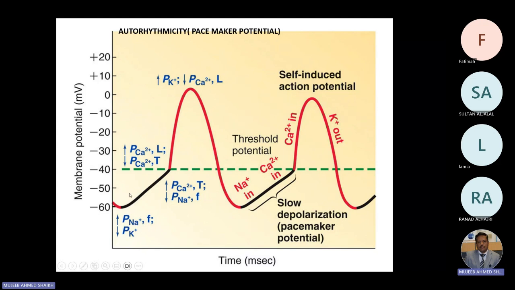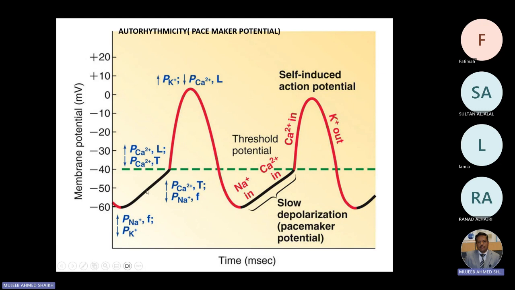Once sodium moves in, the potential will become less negative. So from -60, it will go to -55, -50, -45, like that. It will rise up just because the channels open at this level. So this is how it starts, and once it reaches -40, there will be an action potential.